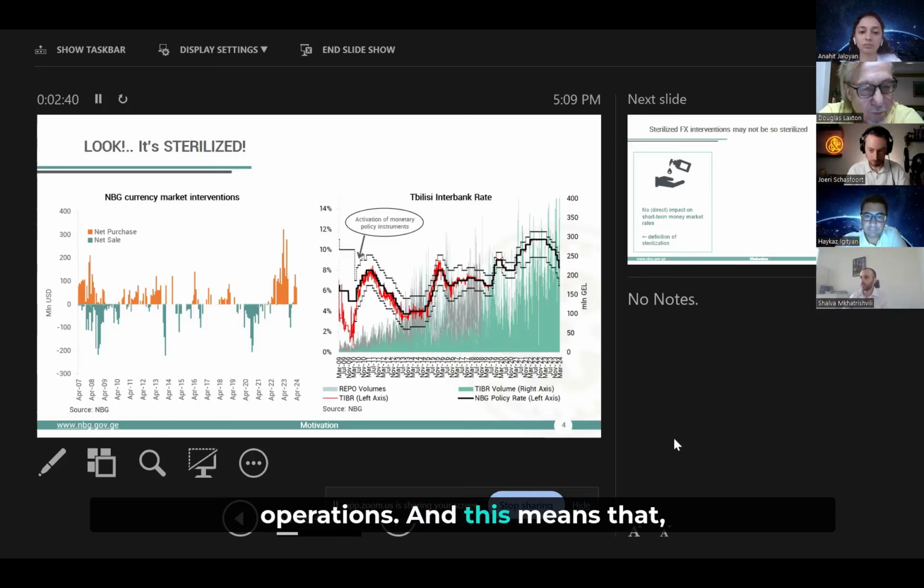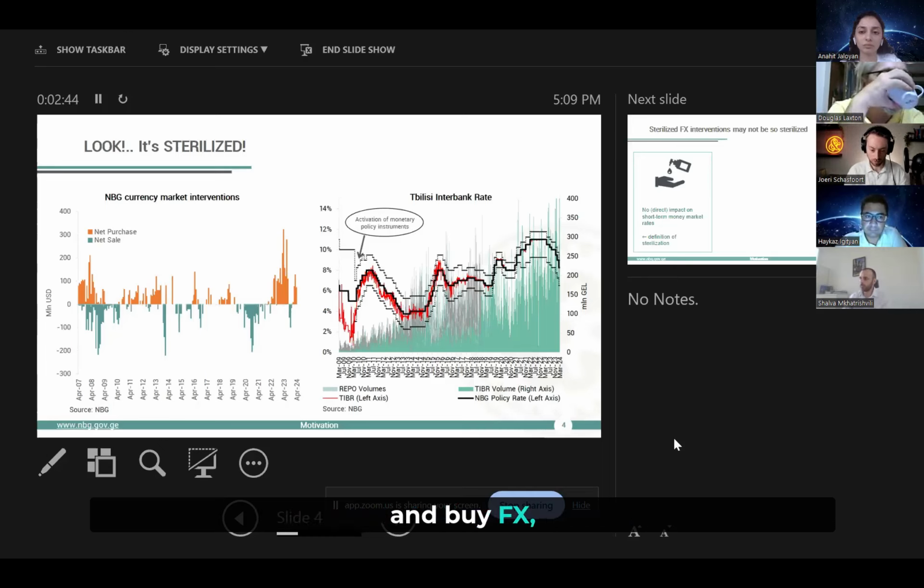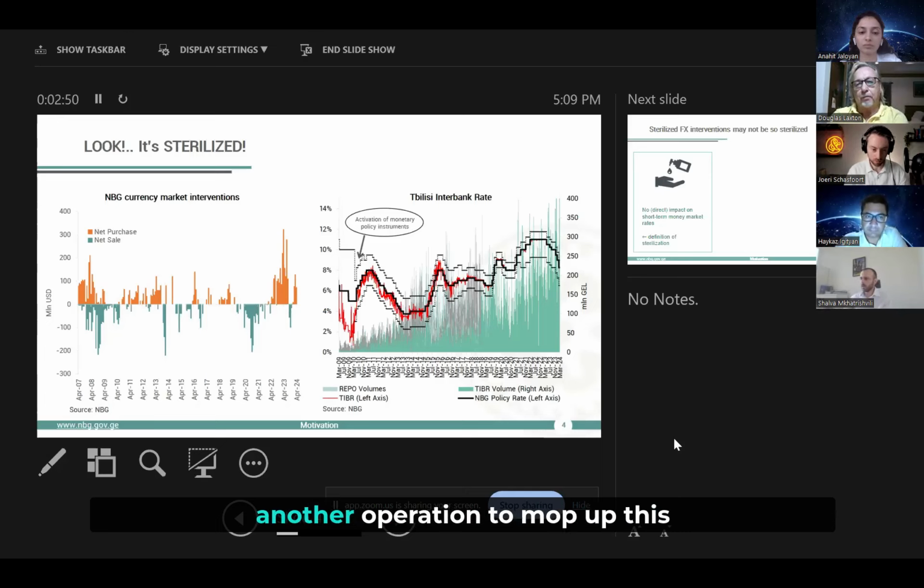So this means that, for instance, if you go out to the market and buy FX, you are essentially providing domestic currency liquidity, and then you need another leg of this operation to mop up this liquidity that you just supplied to the domestic financial system. And we always do this.